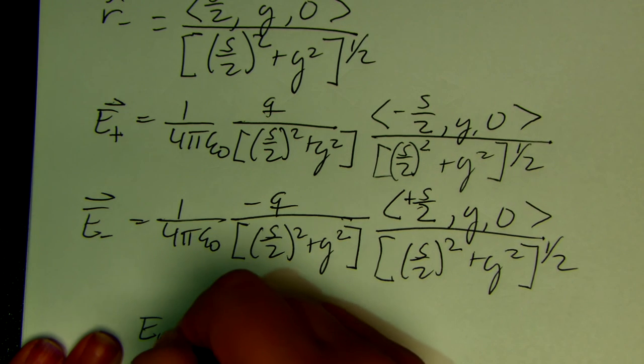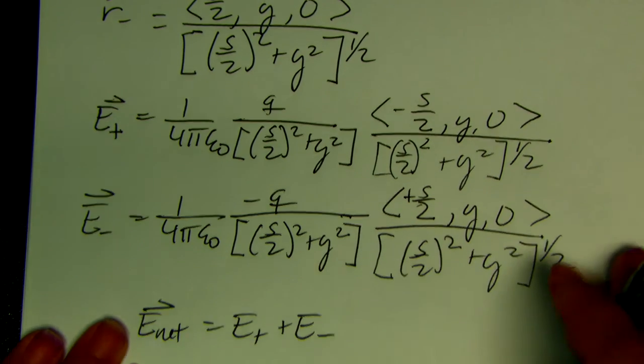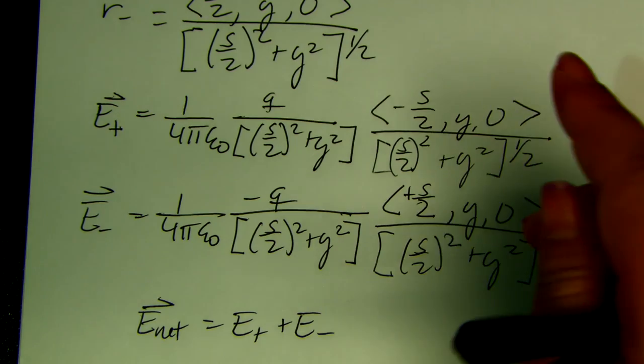And so our net field is going to be the sum of the positive and negative contributions.